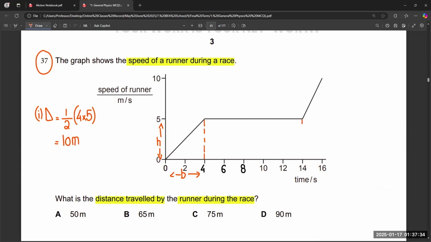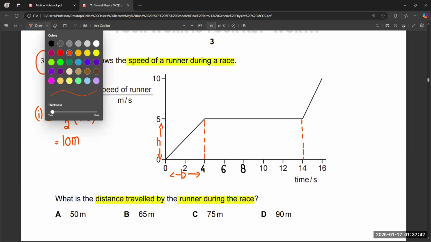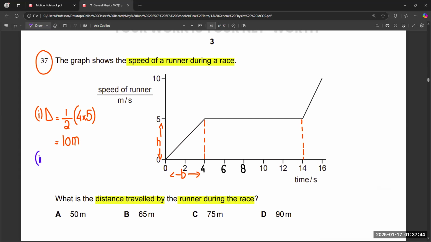Then we have a rectangle. This is the value of B and H is 5. Starting from 4, it means equals to 10, 50 meters.